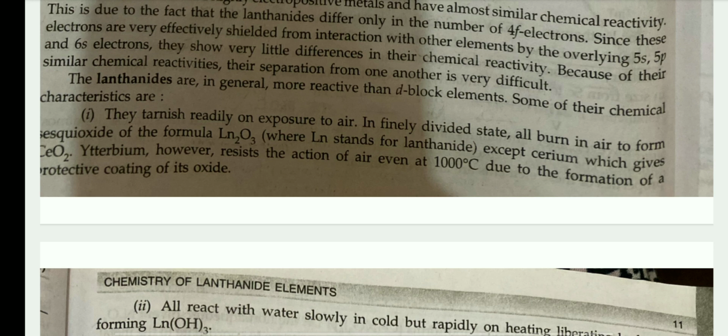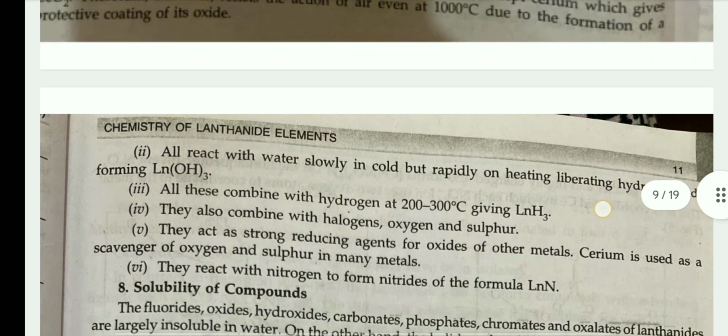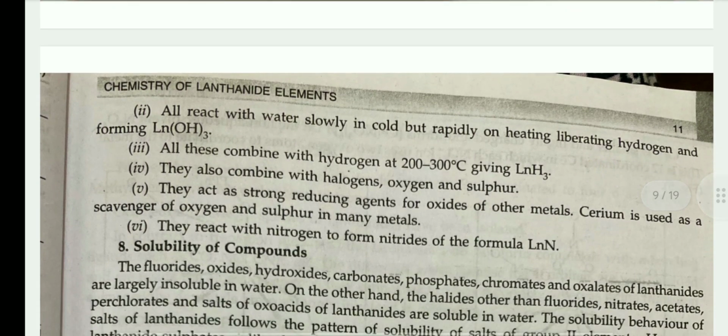Ytterbium, however, resists the action of air even at 1000 degrees Celsius due to formation of a protective coating of its oxide. All react with water slowly in cold but rapidly on heating, liberating hydrogen and forming Ln(OH)3. All of them combine with hydrogen at 200 to 300 degrees Celsius, giving LnH3.